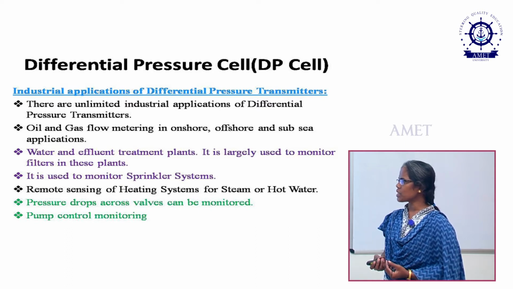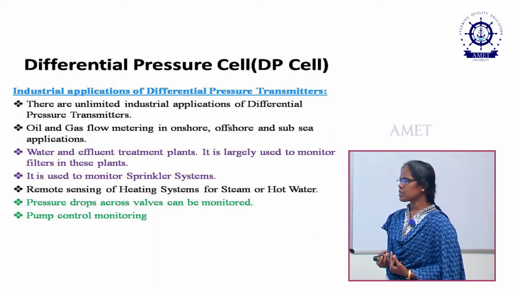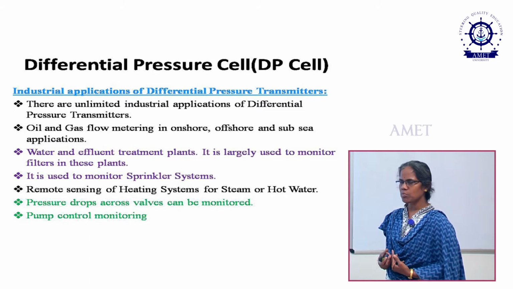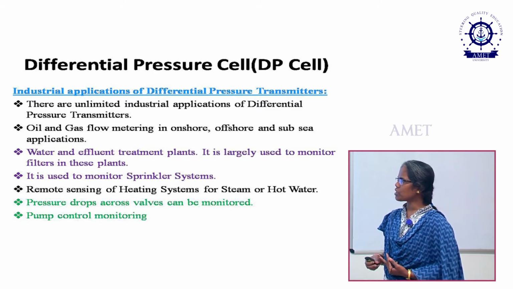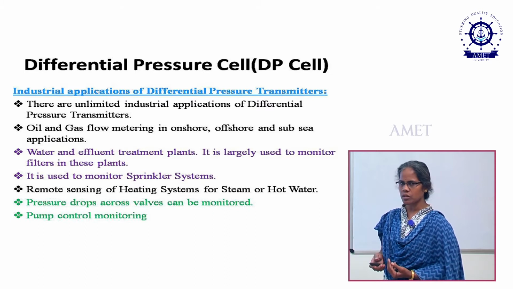It is used to monitor sprinkler systems and remote sensing of heating systems for steam or hot water. Pressure drops across valves can be monitored, and pump control monitoring is also possible. All of these are industrial applications of the pressure cell.